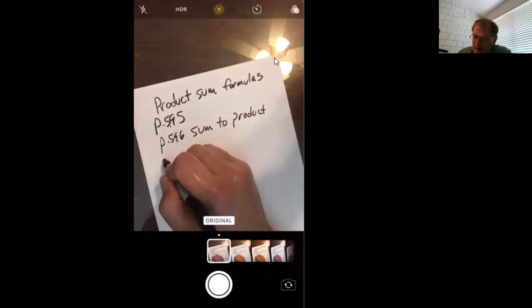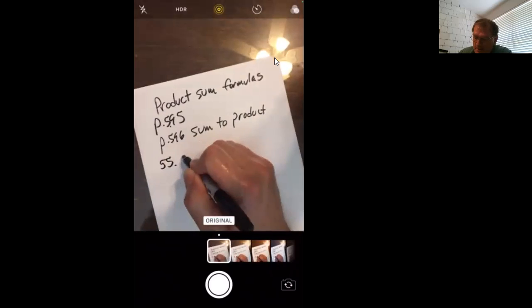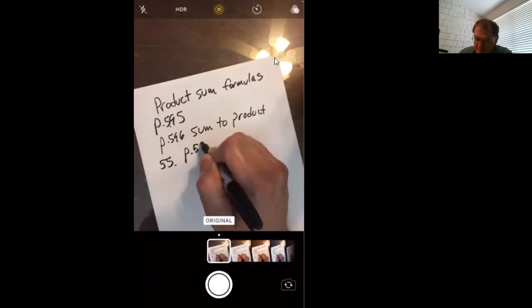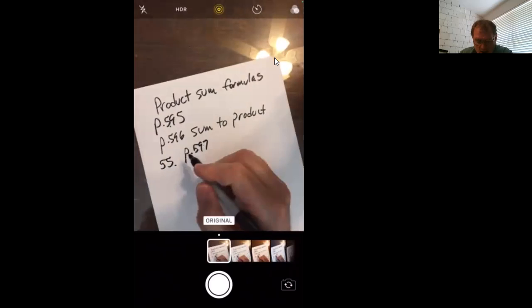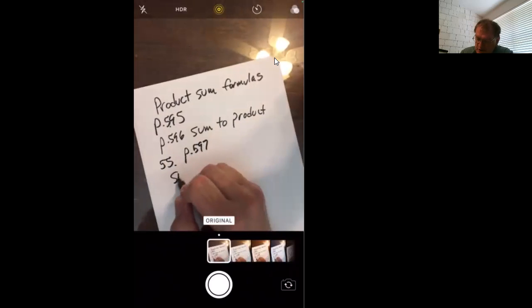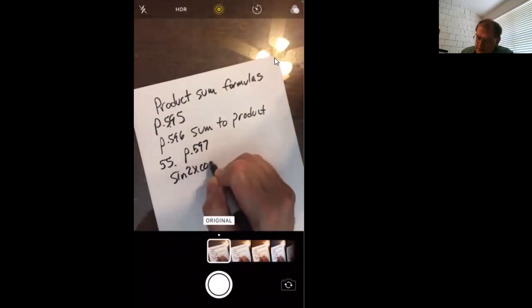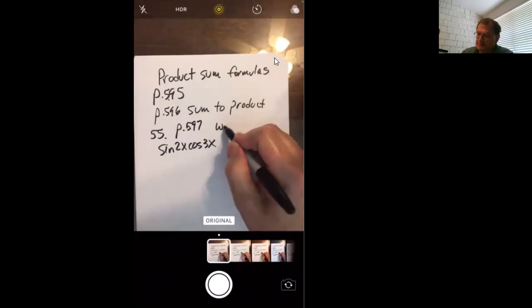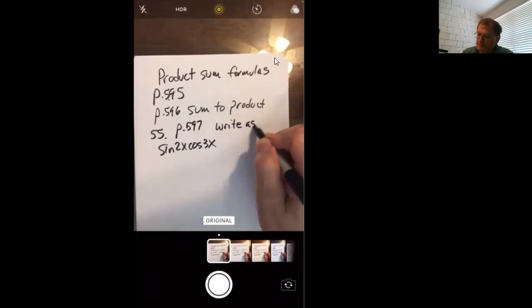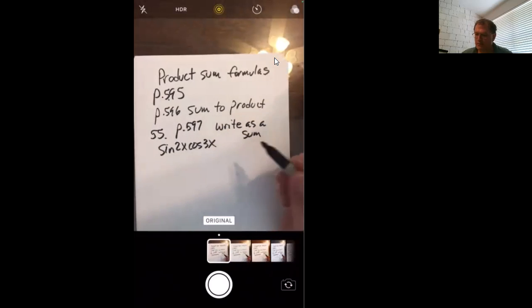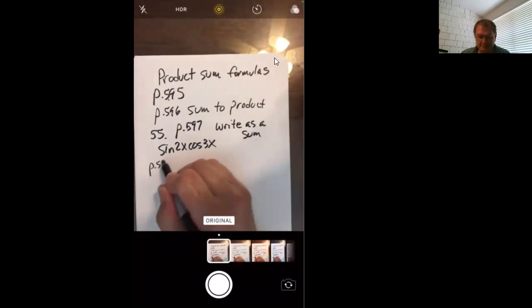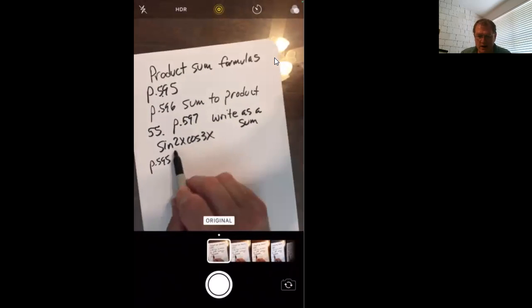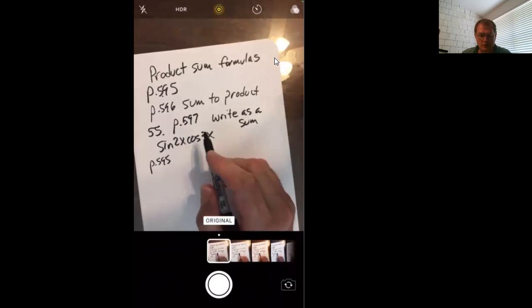So if I go to 55, page 597, it has sine of 2x, cosine of 3x, as a product. So I go to page 595, and I see a product of a sine and a cosine, which is the first one.